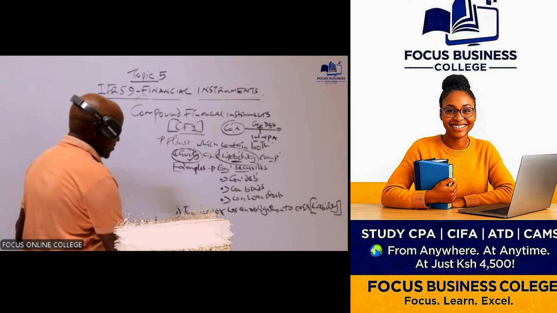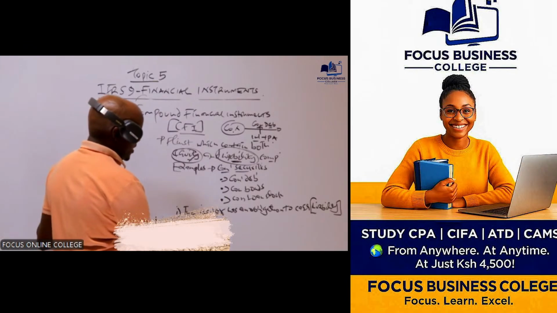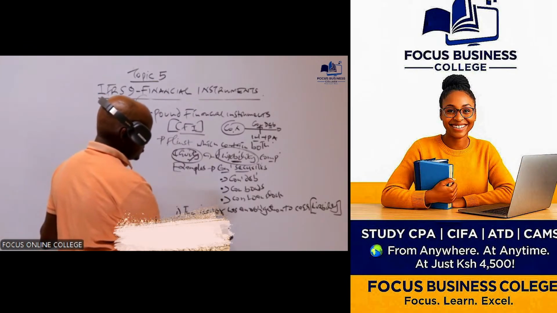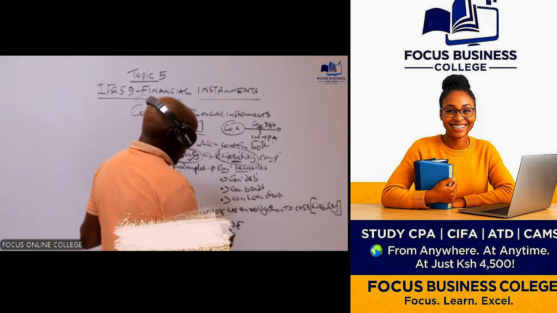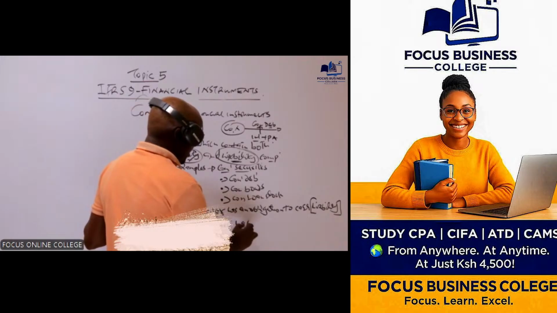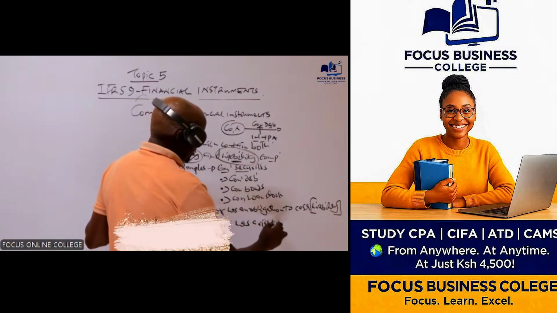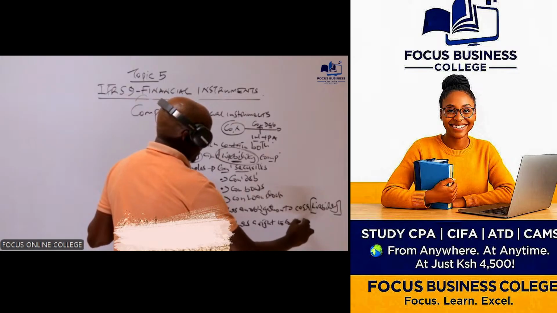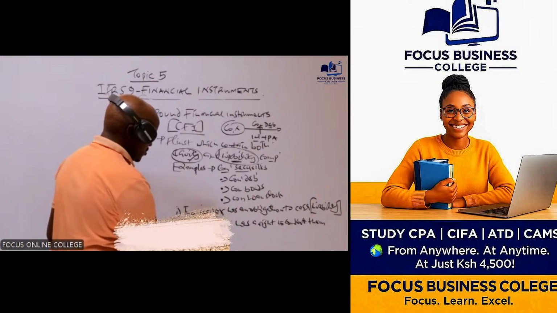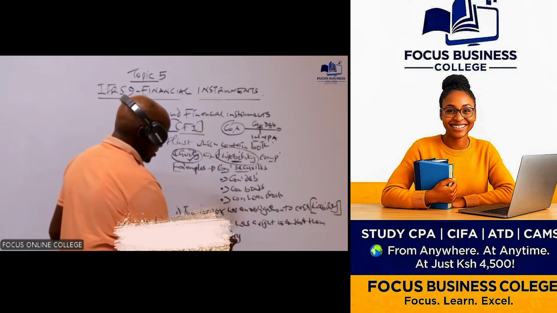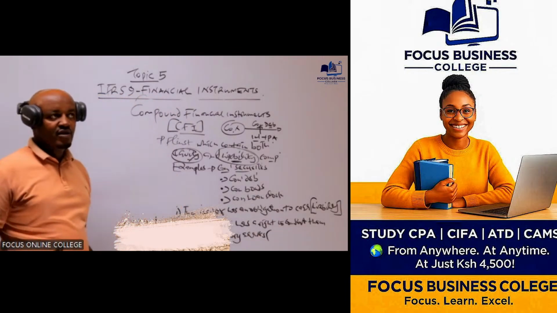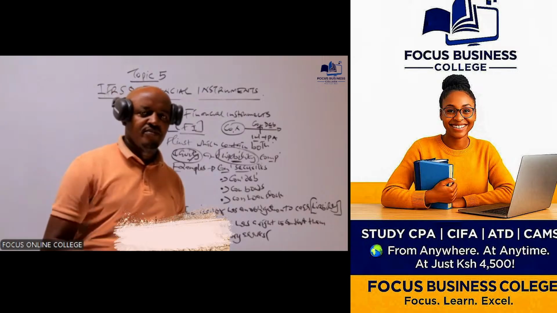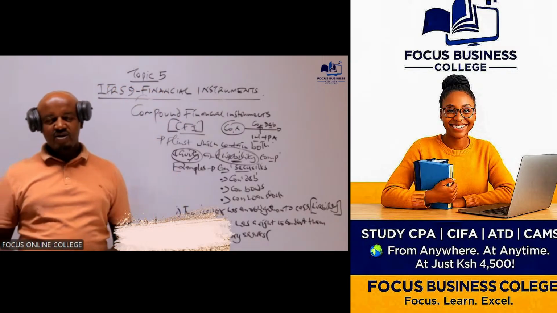Number two, we say that the holders of these compound financial instruments have a right to convert them into ordinary shares. So if you hold some convertible debentures, you can convert them into ordinary shares of the company. What does that mean?